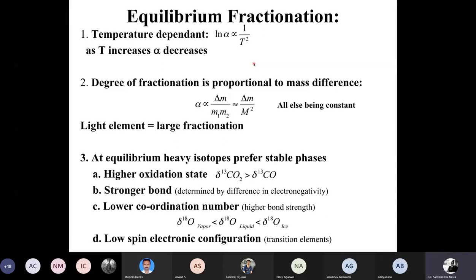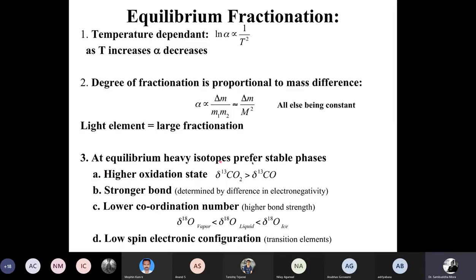Now, equilibrium fractionation follows a few rules. It's temperature dependent. Ln alpha is proportional to 1 by T square. The degree of fractionation is proportional to mass difference. And the heavy isotope always prefers the stable phase, be that higher oxidation state, stronger bond, lower coordination number, or low spin electronic configuration.